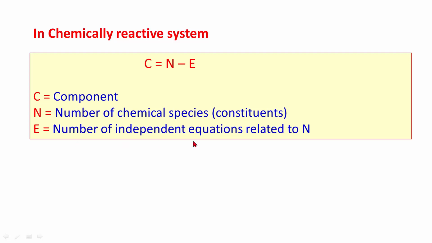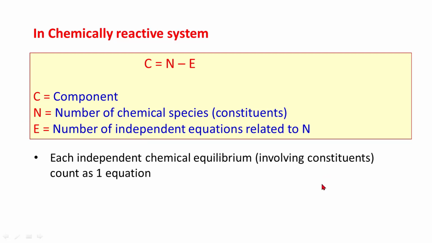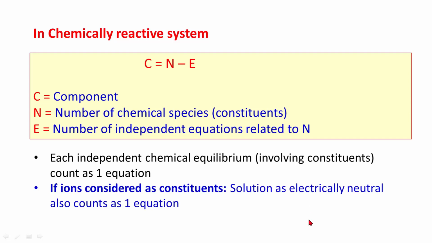E is the number of independent equations related to N. Each independent chemical equation involving constituents counts as one equation. If ions are considered as constituents, then electrical neutrality of the solution is also considered as one equation.